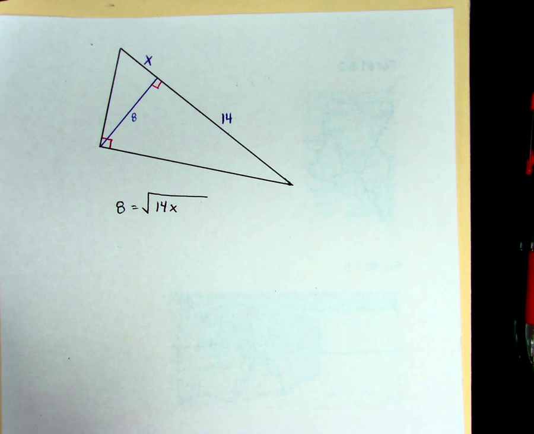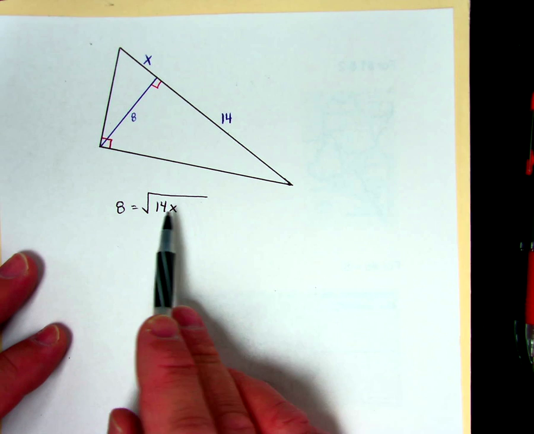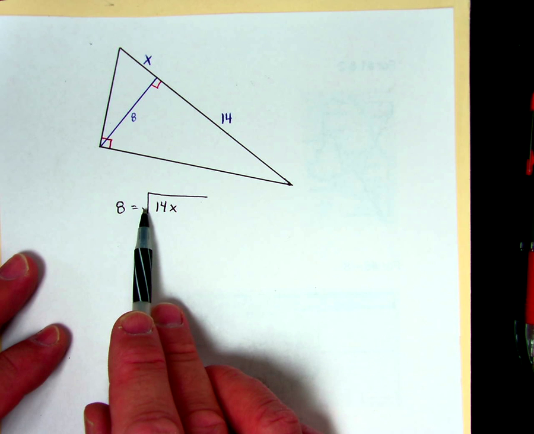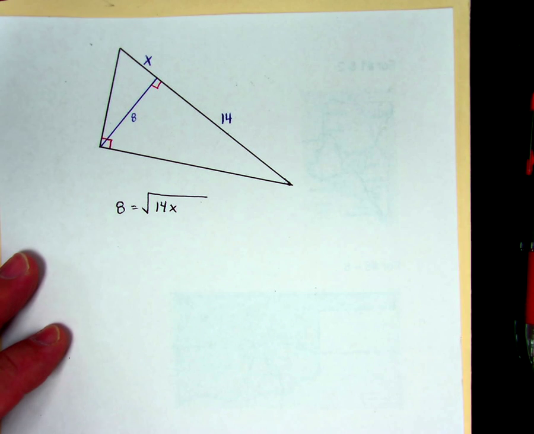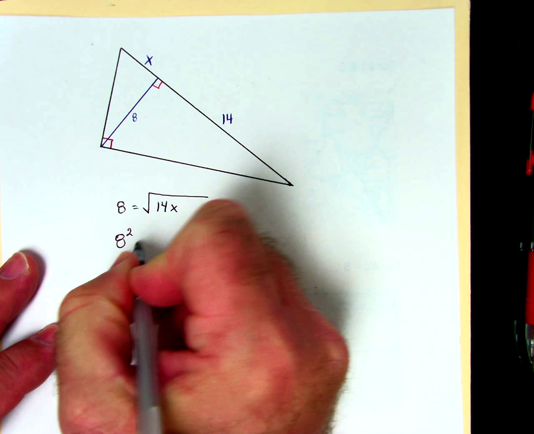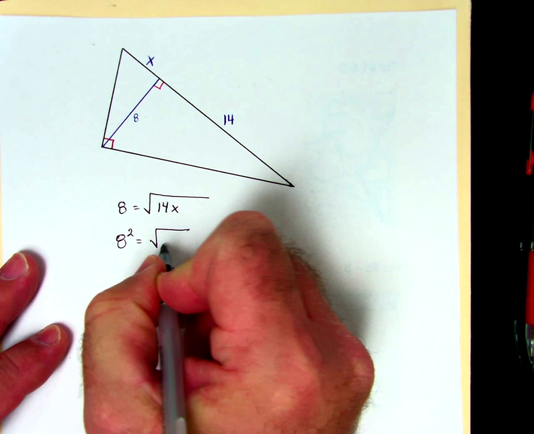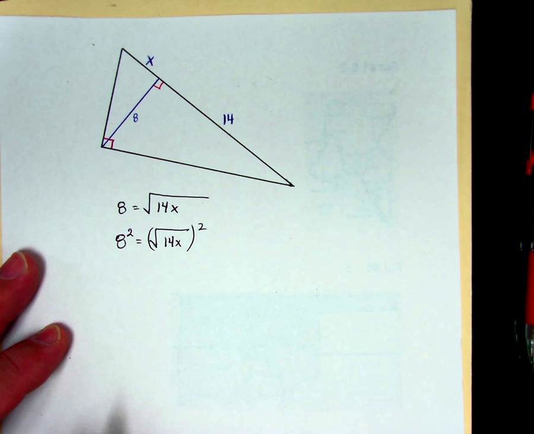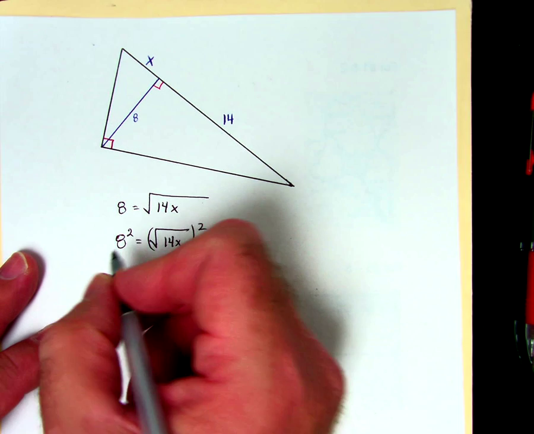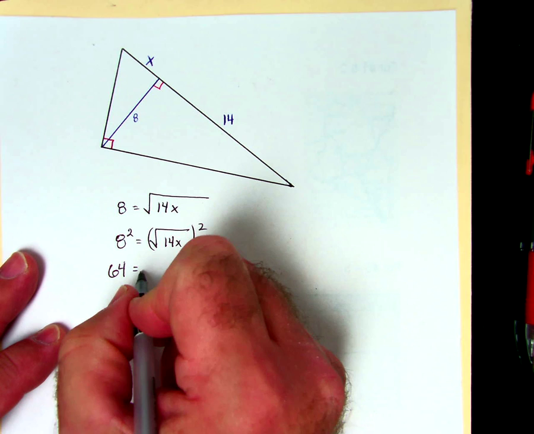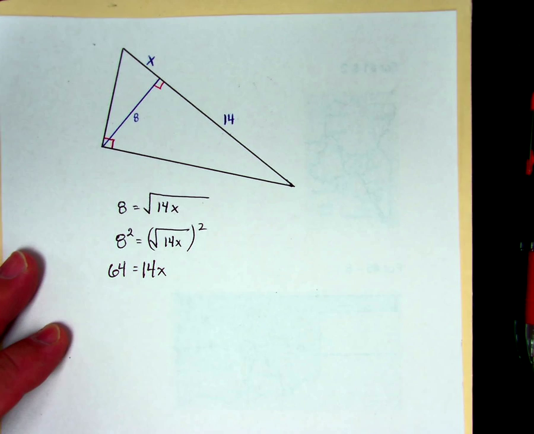So thinking about undoing operations here, we multiply by 14, take the square root. So first of all, we're going to undo the square root. We can undo the square root by squaring. So if we square 8, we get 64. Square the square root, we get 14x.